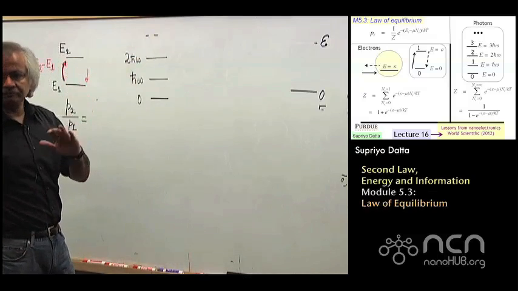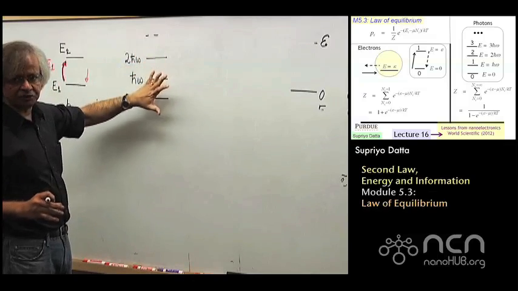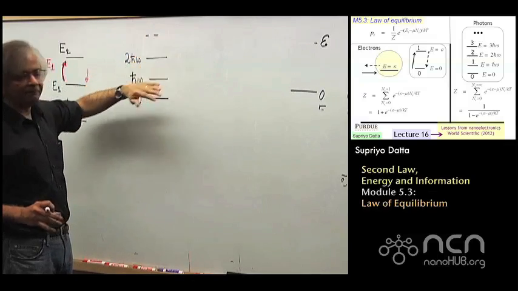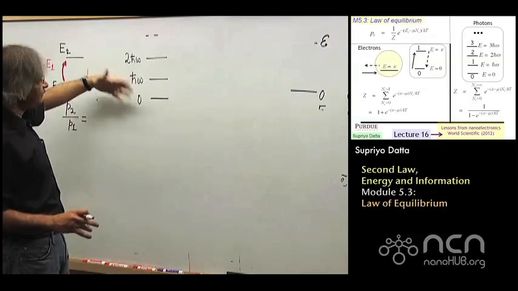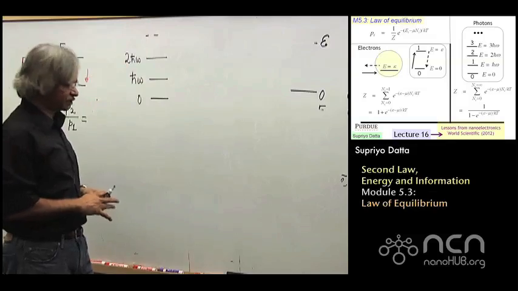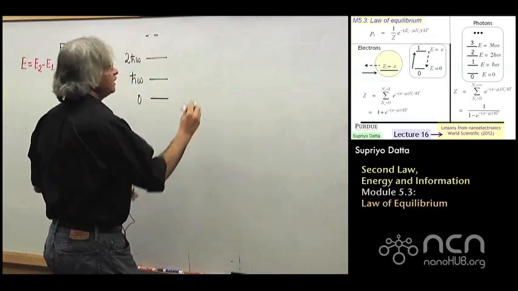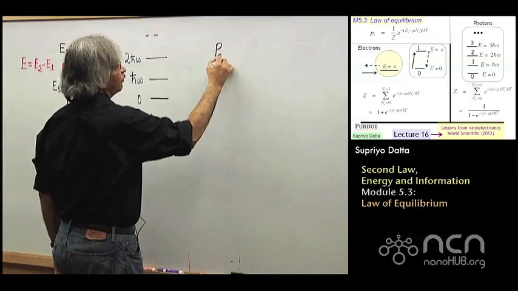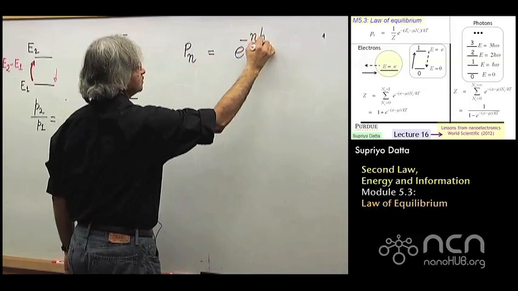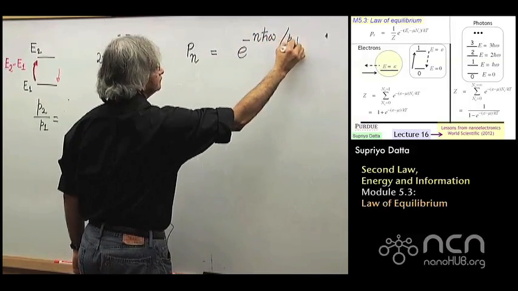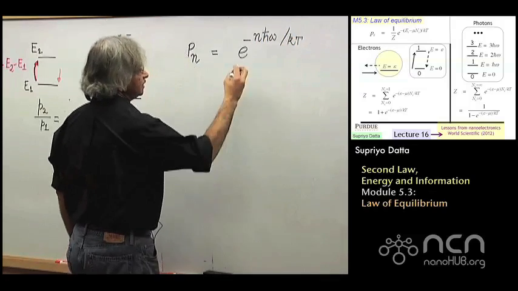That's where it's different from the electron case, where it was just 2 states, 0 and epsilon. Here it is many, many states, an infinite number of them. And what you want to know is the average number of photons. That's this Bose function. So the way you'd write this down then is, you'd say, well, the probability of having n photons is proportional to e to the power minus n h bar omega over kT, divided by Z.